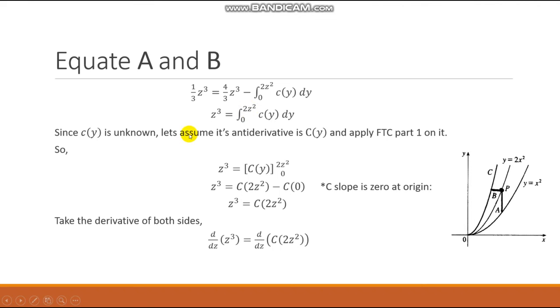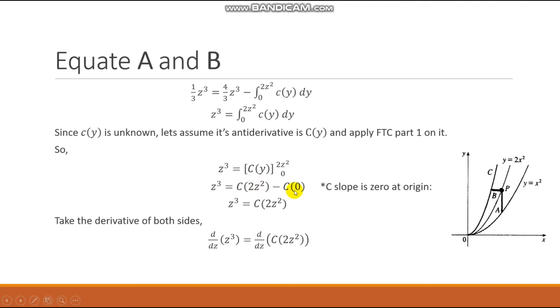So just going to note real quickly that the capital C you're going to see from now on is going to be the antiderivative of the regular c, the actual line. So what we're going to do next is take the integral of c of y, and according to the fundamental theorem of calculus, when you take the definite integral of something, you take that integral and then you plug in the bound for the variable inside, and then you subtract.